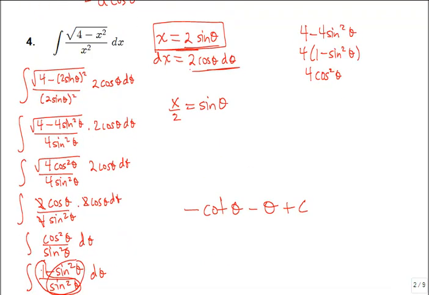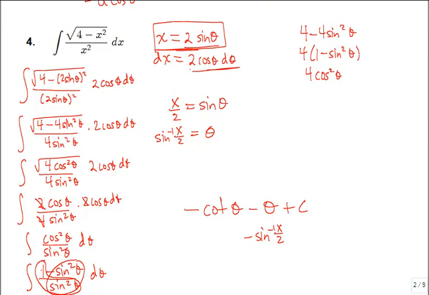What are the 2 things we need to know? We need to know cotangent of theta, and we need to know just theta. Well, the theta I can get right from here, because if I wanted to get theta by itself, I would have to take an inverse sine of that left-hand side. So theta is going to be inverse sine of x over 2.